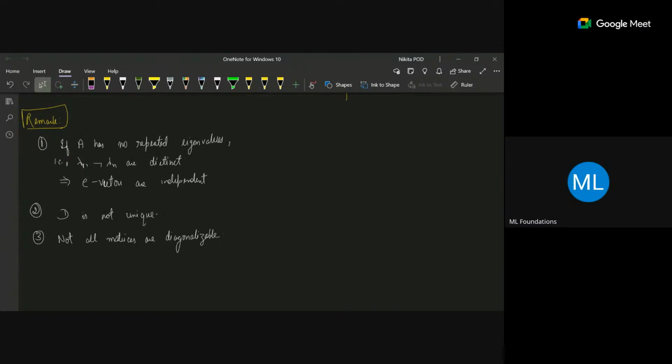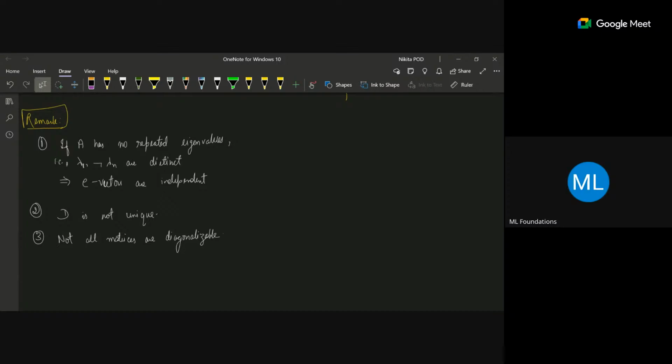There are a few remarks over here. The first one is, if all the eigenvalues are distinct, then the eigenvectors corresponding to each of the eigenvalues are independent. I think we are doing this proof in week 5, so I will skip it for now, but just keep this in mind.